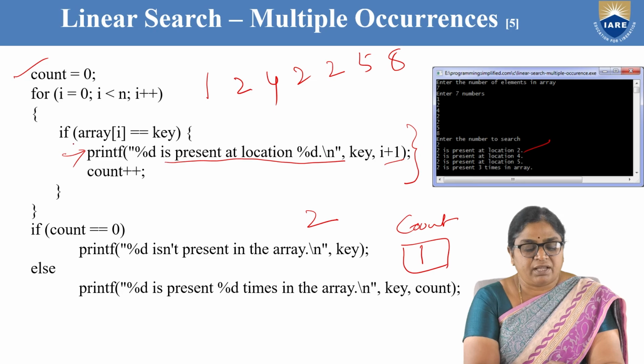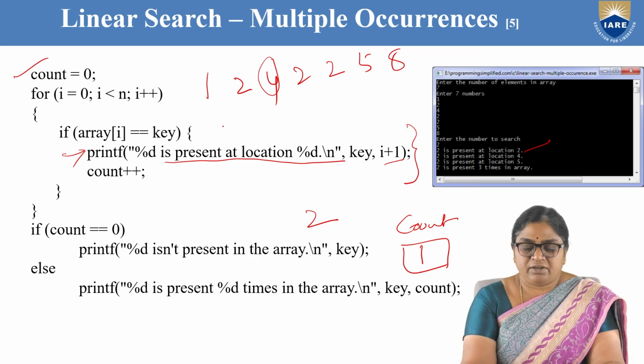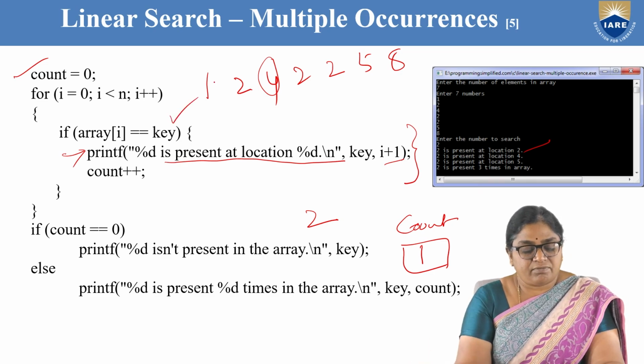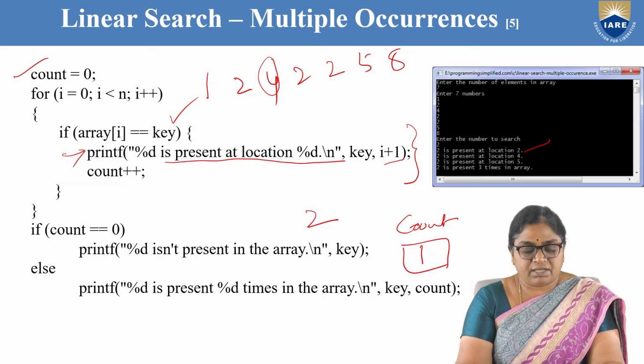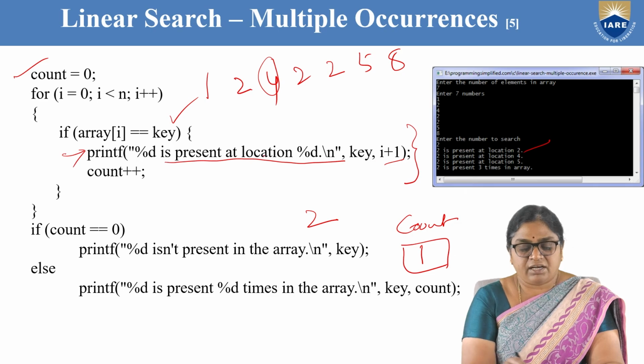Now I is 2. Array of 2 is 4. Now the current element is 4. Is 4 equal to key? No, it will go to the next iteration. When I is 3, is array of 3 equal to the key element? Yes. There, since the current element equals the key element, once again we display the message that the key element is present at location I plus 1.